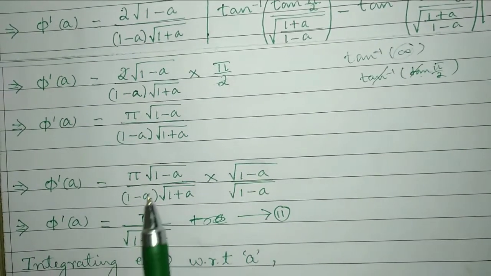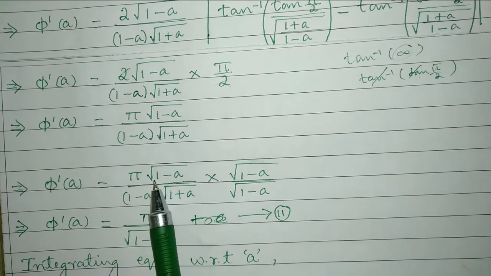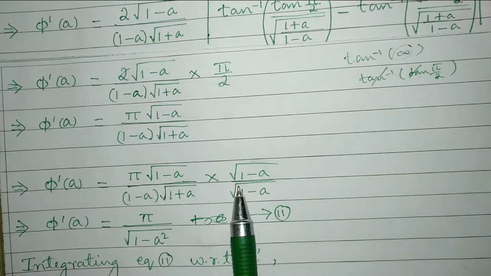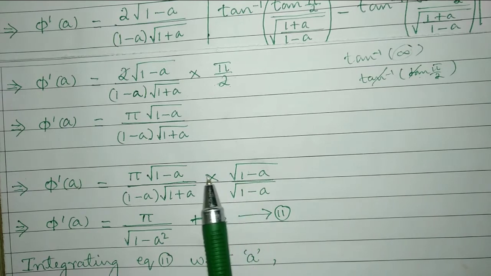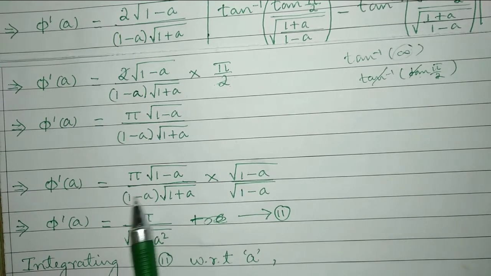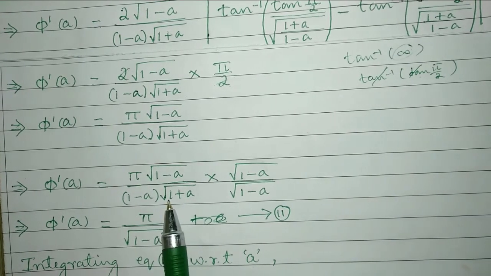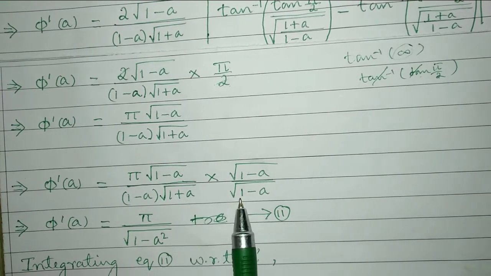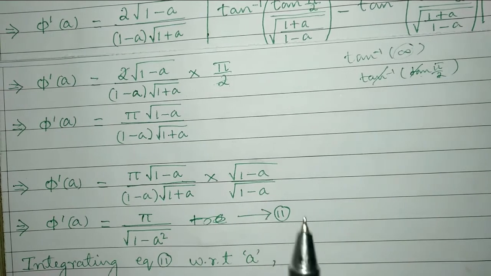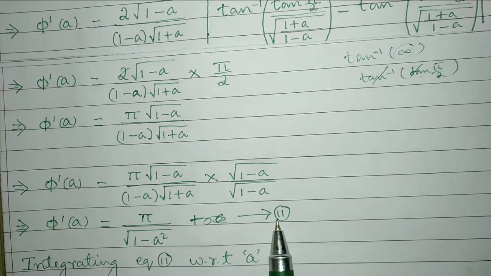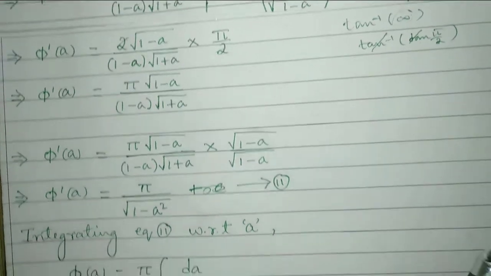In the numerator you get root over (1 minus a) into root over (1 minus a), which is 1 minus a. This 1 minus a gets cancelled with this one. Hence you have pi over root over (1 + a) into root over (1 minus a), which is root over (1 minus a square). Let this be equation 2.